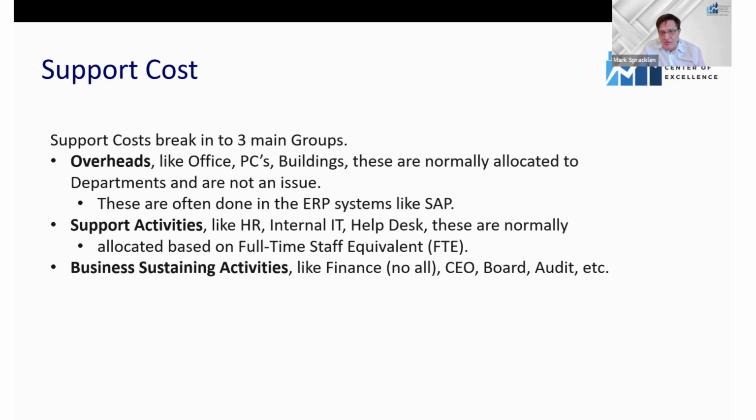So that's very straightforward. But often, I find in a lot of models, people put in there as well business sustaining. Some people call it enterprise activities. So finance, the board, CEO, regulatory audit, all those type of things that got no real tangible driver at all.